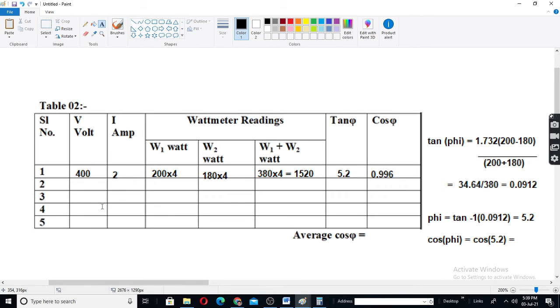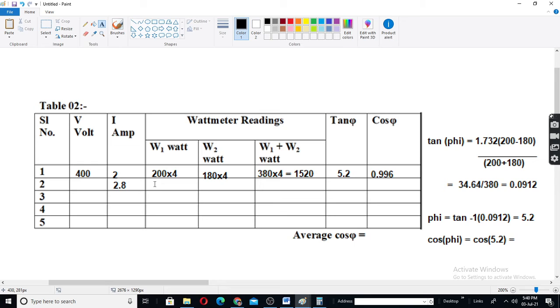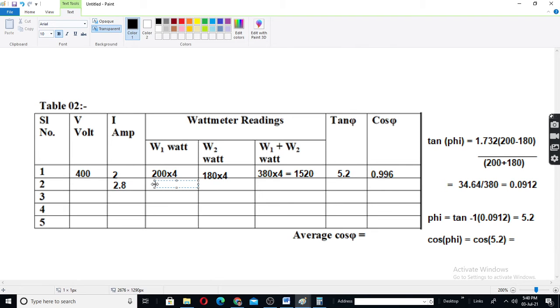Similarly, for the next reading you switch on some more lamps, and you will get here say 2.8 amperes. Voltage will remain the same, with just 1 or 2 volts or 5 volts of variation, maybe 395 or 405. When you switch on extra lamps, W will increase.